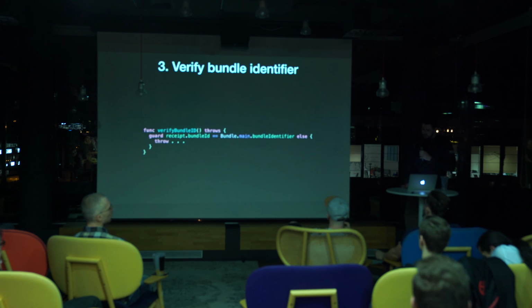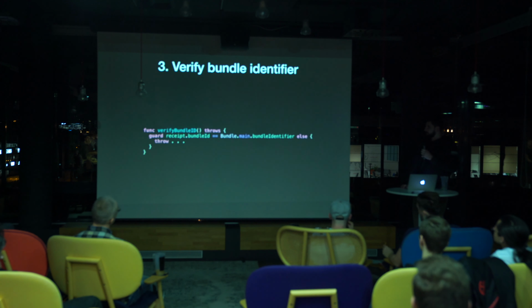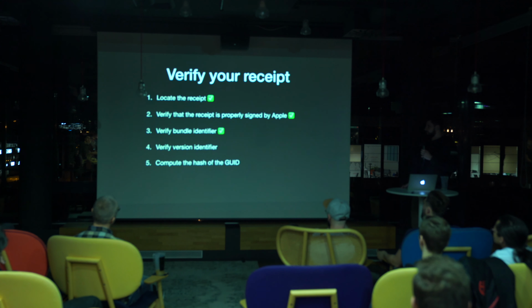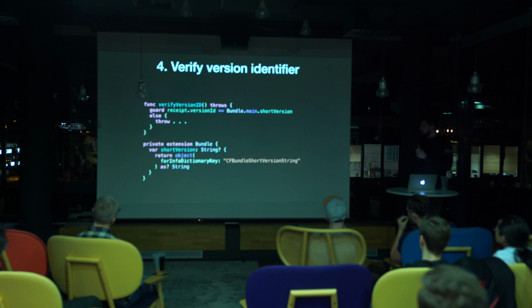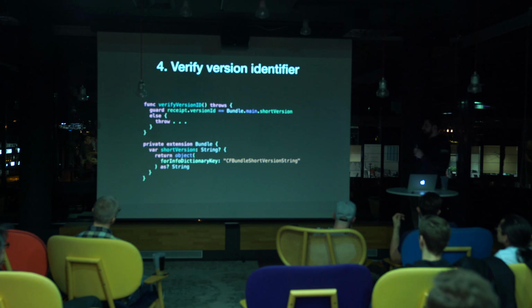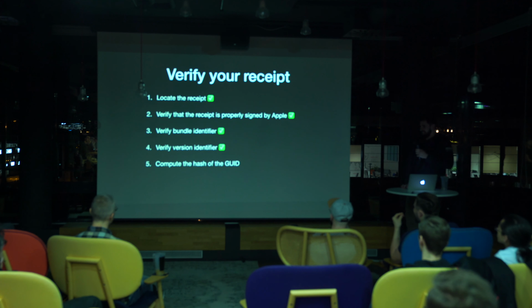So this verifies that your receipt is from your app. The next step is to verify the version identifier. I'm not sure why you should do this verification, you just check the version, but I hope it works. It's based on the Apple documentation.